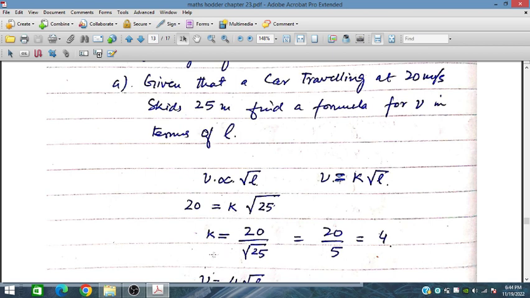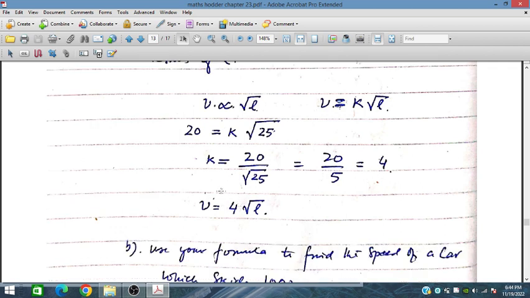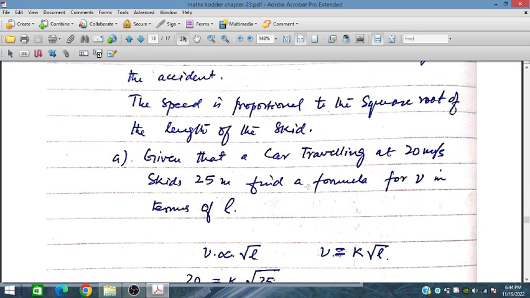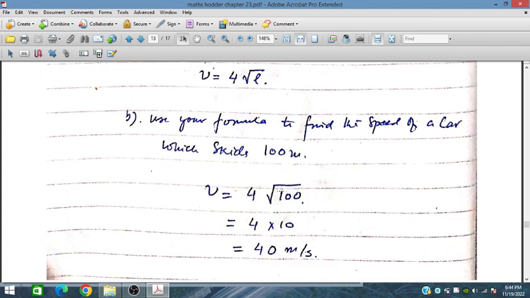So we have obtained the value of k is equal to 20 upon 5, so k is 4. So v is equal to 4 under root L. Using the formula to find the speed of the car when it skids 100 meters, part B. So this is 100. So the car speed was 40 meters per second.